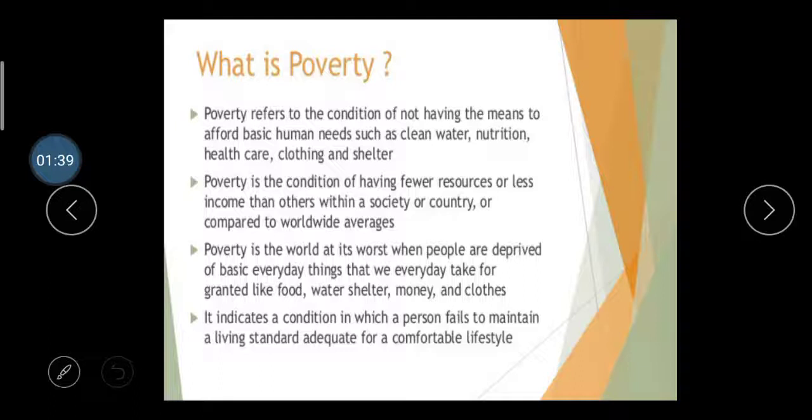Poverty is when people are deprived of the basic needs we take for granted every day, like food, water, shelter, money and clothes. It indicates the condition in which a person fails to maintain a living standard and an adequate, comfortable lifestyle. So it's called poverty.